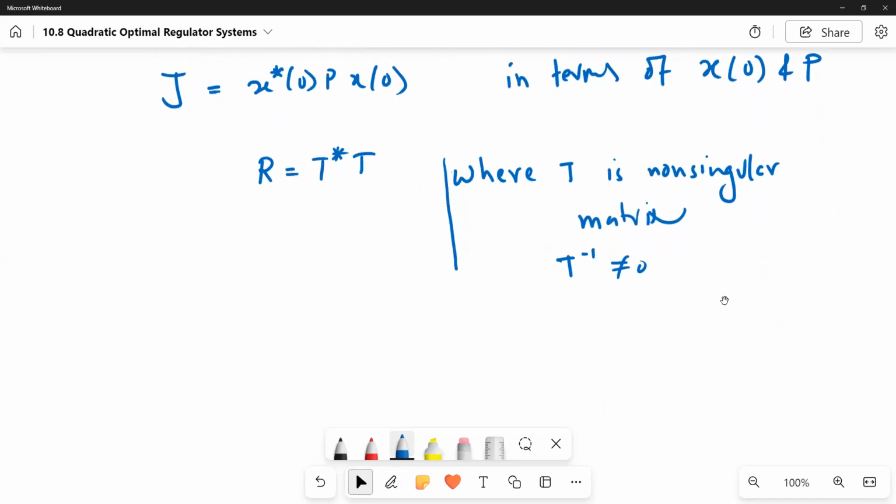So now based on this idea, we can replace the value of R into the equation and then proceed with the solution.